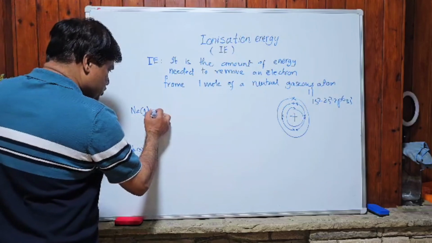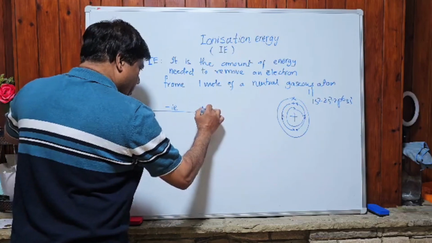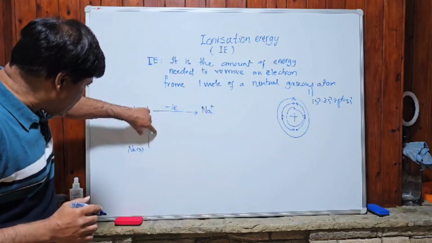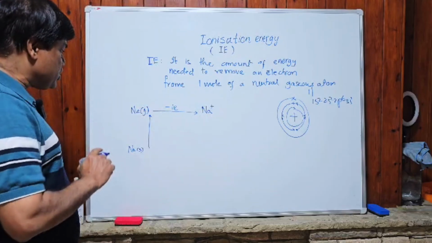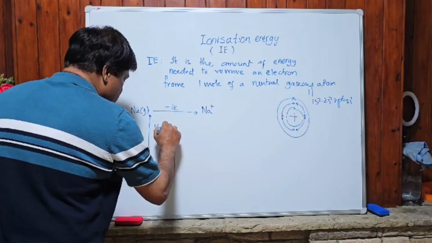Then this sodium gives away one electron and forms Na+ ion. Here to here, this is called sublimation energy, but we are not using sublimation energy, we are using enthalpy of atomization.